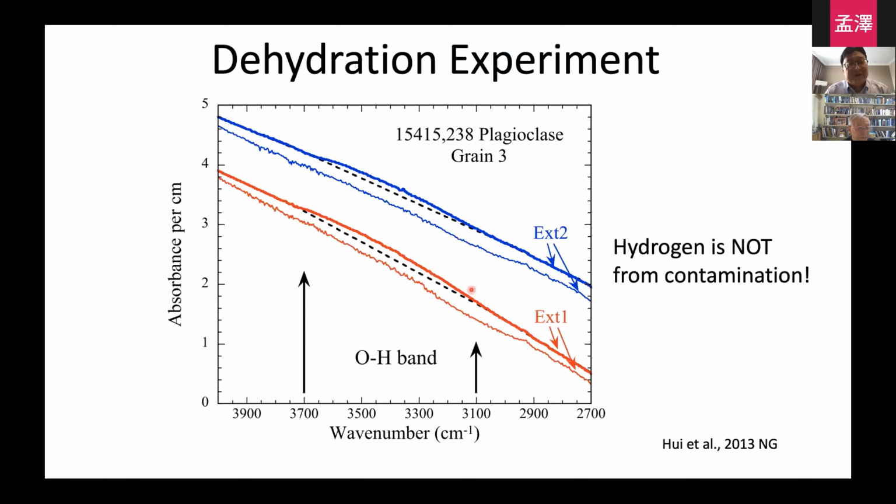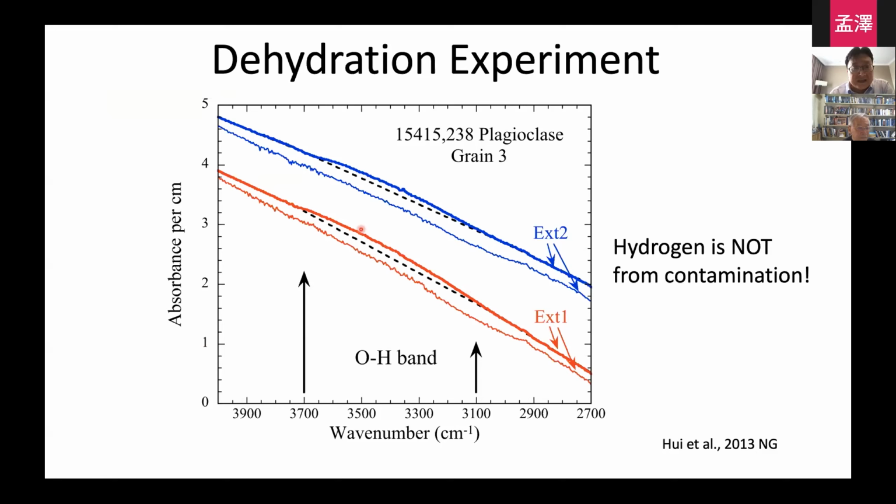Since this water content is really low, we also carried out a dehydration experiment to demonstrate that the water content in these grains is not from laboratory contamination. We prepared this grain in the same way as those grains analyzed previously.